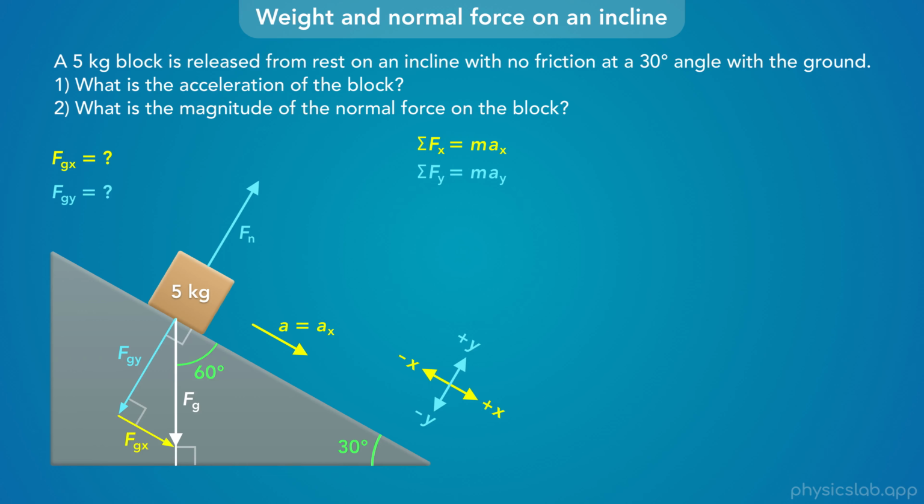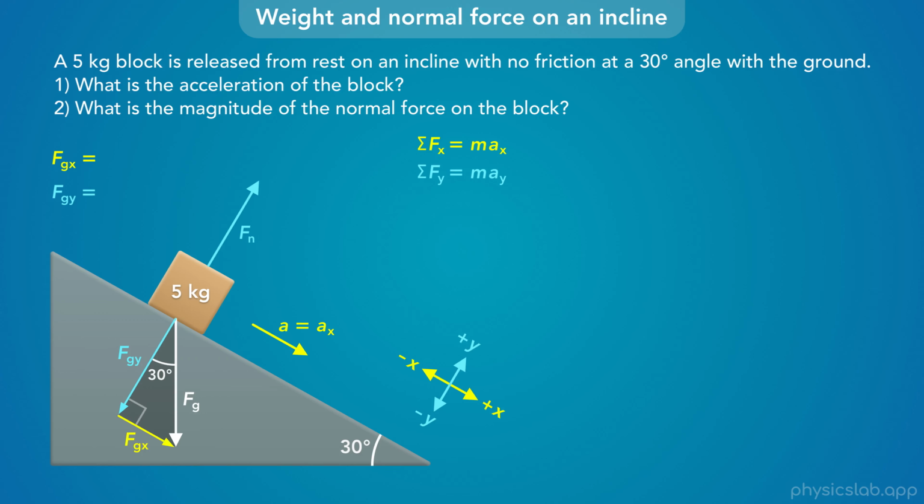Now, we know that the y component is perpendicular to the incline, so this total angle must be 90 degrees. If this angle is 60 degrees, then this angle must be 90 minus 60, which is 30 degrees. We'll summarize this later, but the angle between the incline and the ground is the same as the angle between the weight force vector and the y component, Fgy.